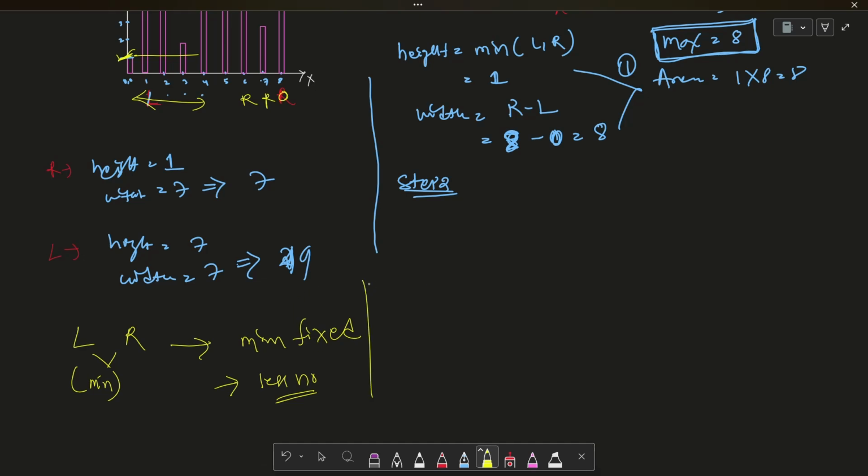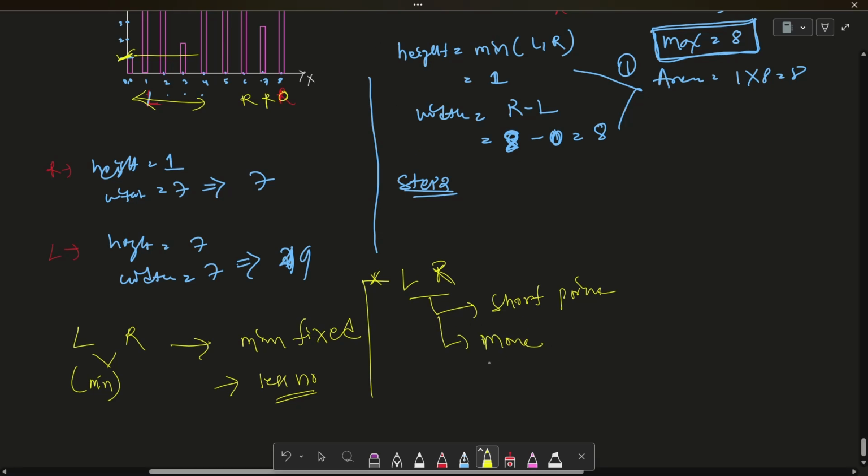So the conclusion is, whenever we have two pointers, left and right, and we are done with the operation, what do we have to do? We have to move the shorter pointer. Why do we have to move the shorter pointer? So that we can get more value. It can be more, it can be less, but there is a chance of getting more.